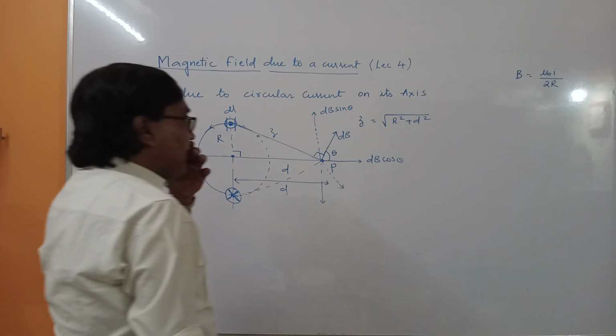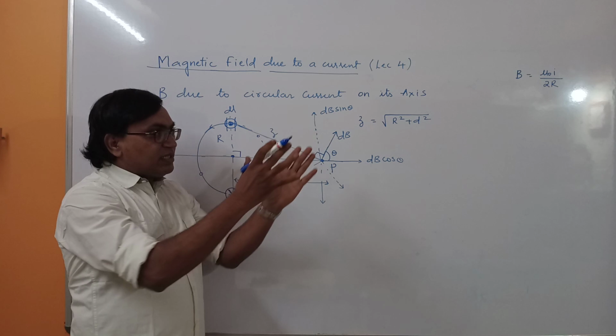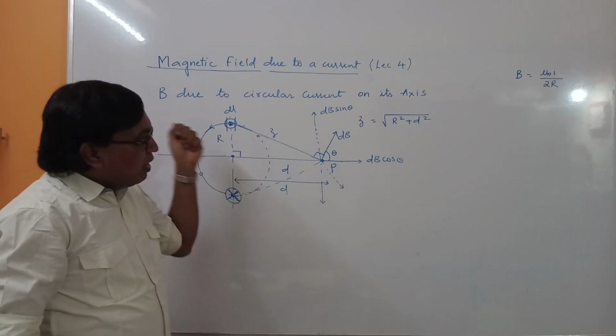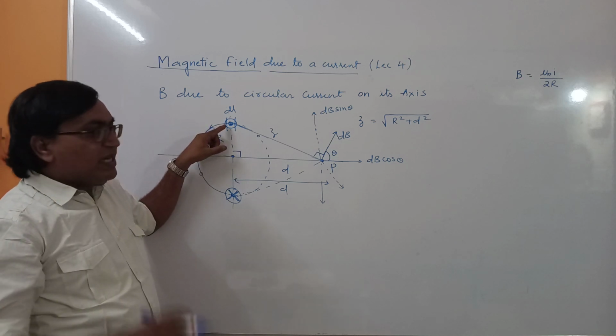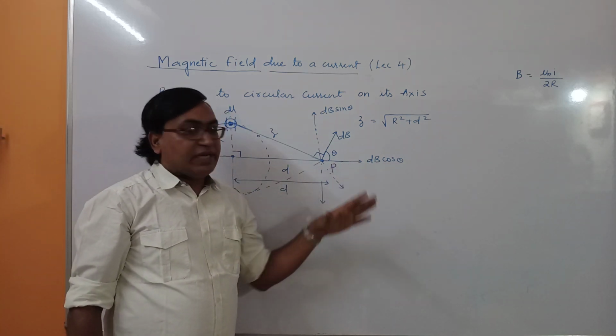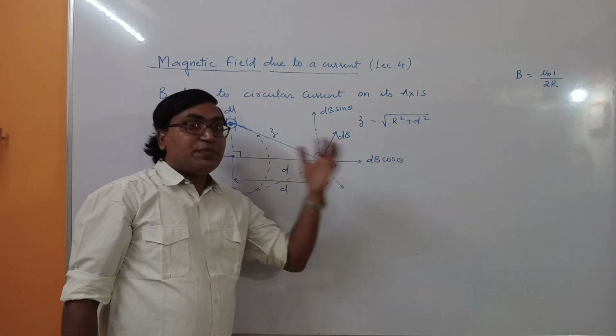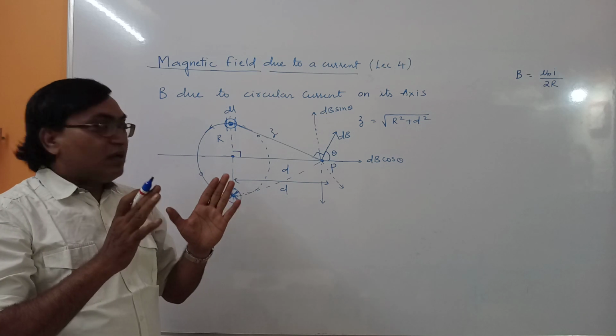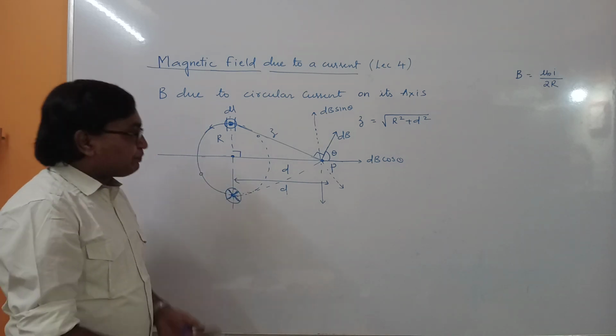All these current elements form a cone, and all of them contribute a magnetic field of dB cos theta. We have to add all these magnetic fields, and they are all in the same direction.